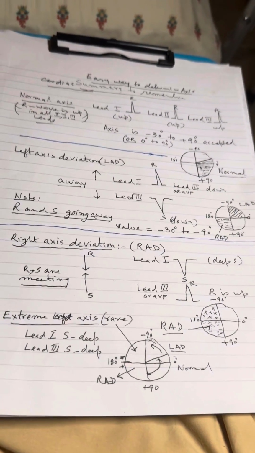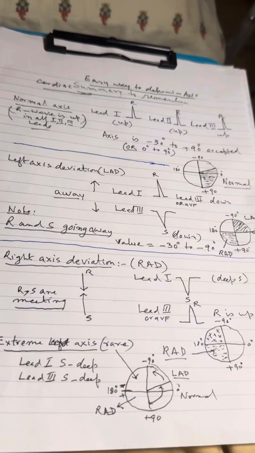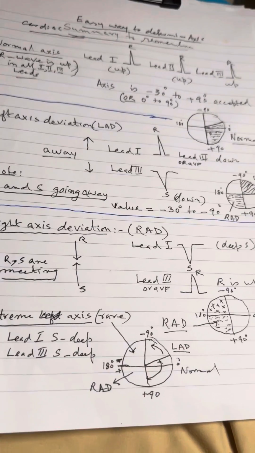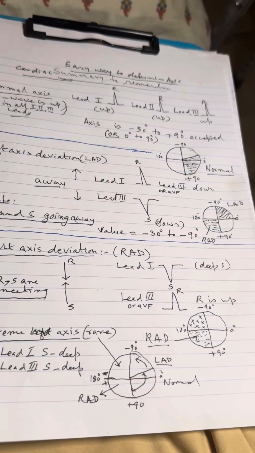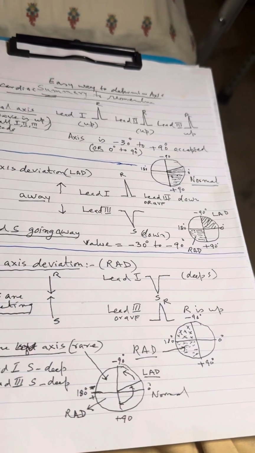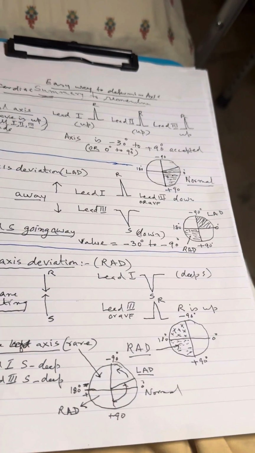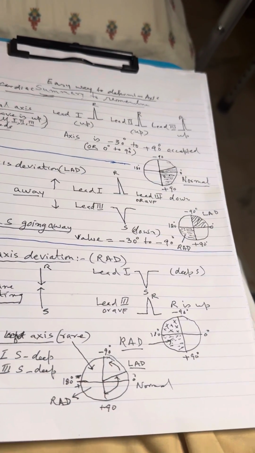Now another example is extreme axis. Extreme axis means there is a deep S in lead 1 and again a deep S in lead 3.